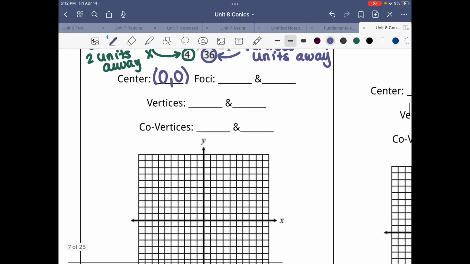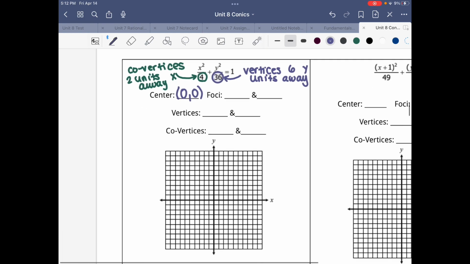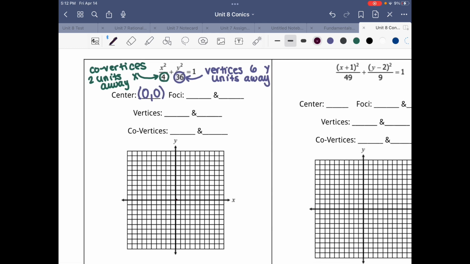So if I put my center at 0, 0 right here, I need to count 6 units for the y. 1, 2, 3, 4, 5, 6. Those are my vertices. Those are the points 0, 6 and 0, -6.